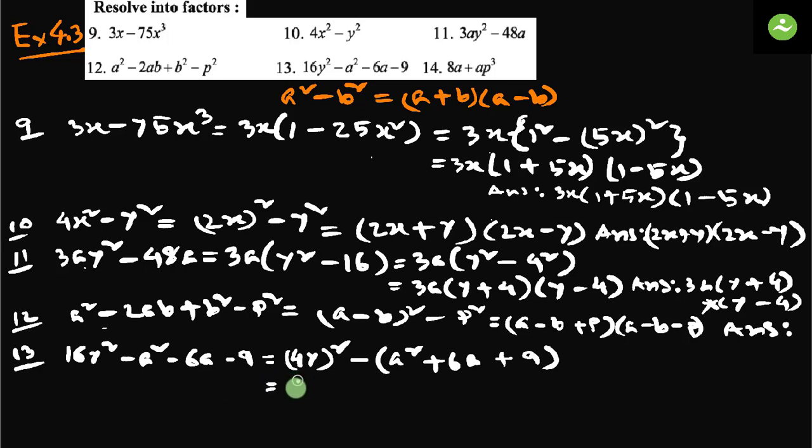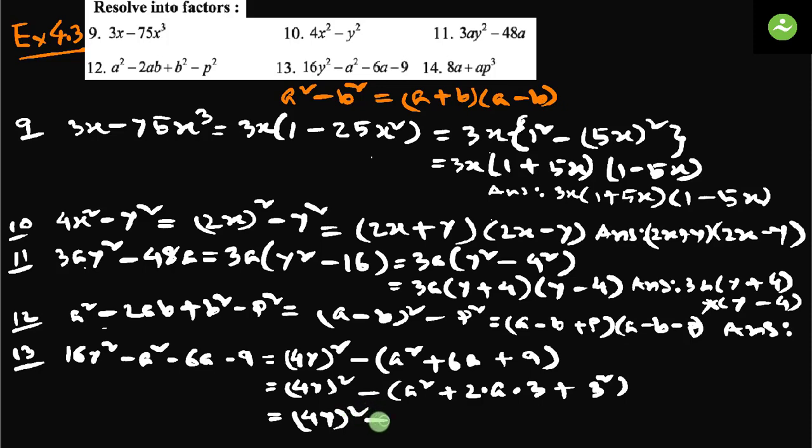That equals 4y whole square minus a square plus 2ab, where 2 into a into 3 is 6a, plus 3 square. That equals 4y whole square minus a plus 3 whole square.